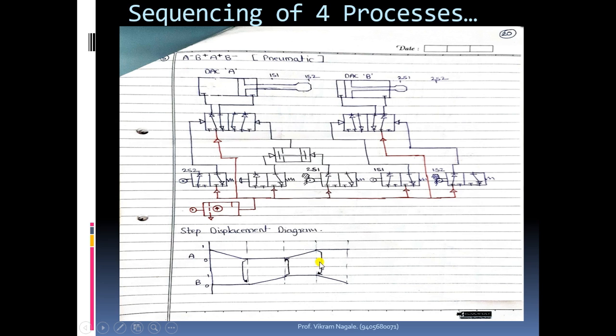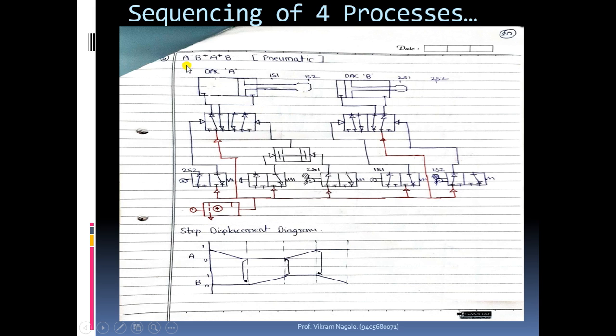And this is about giving feedback from the third process to start the fourth process. Okay, and whenever this fourth process starts, cylinder A will remain idle. Okay, and after here we must take a feedback from this position and we should implement over here to start the first process of the next cycle.